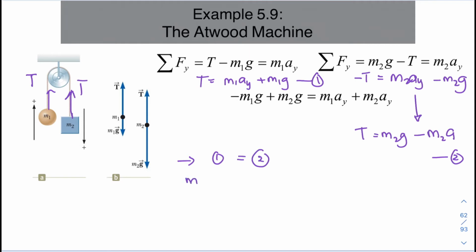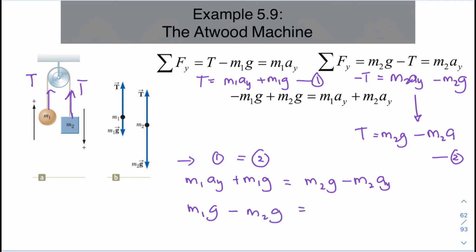So you're going to have M1 AY plus M1G equivalent to M2G minus M2 AY. Collect the same items at the same side. M1G minus M2G equivalent to negative M2 AY minus M1 AY.